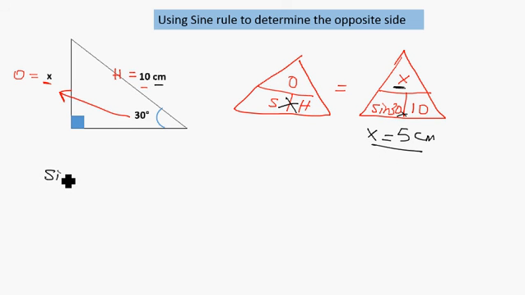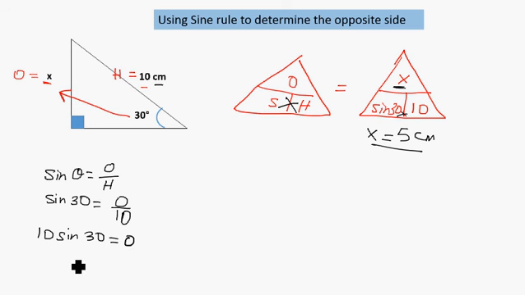Using the formula, if you can only remember, sine angle is opposite over hypotenuse. Substituting the values, sine 30 is equal to opposite over 10. Now if you remember, the opposite of divide is times, so I can do 10 sine 30 is my opposite.